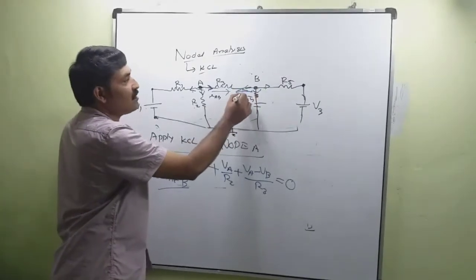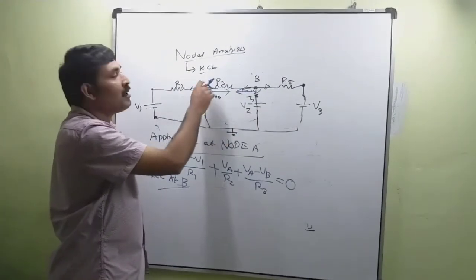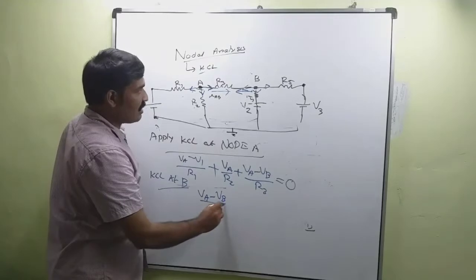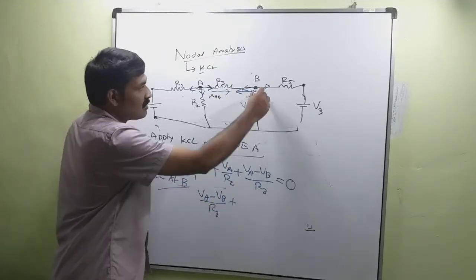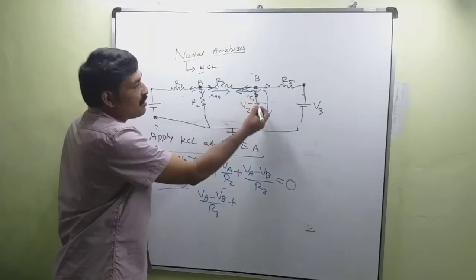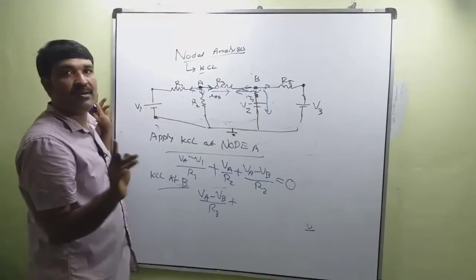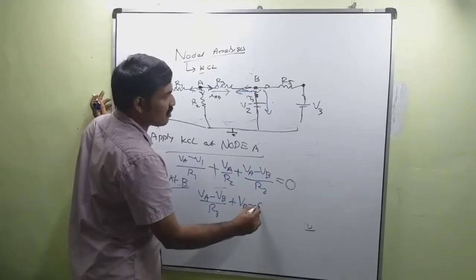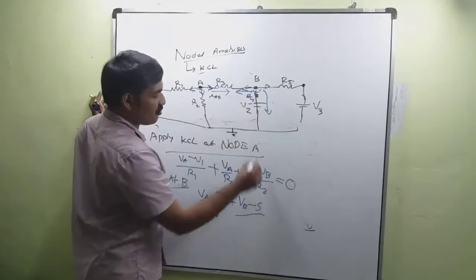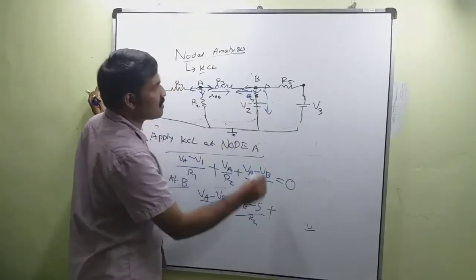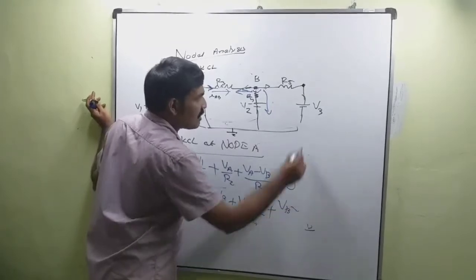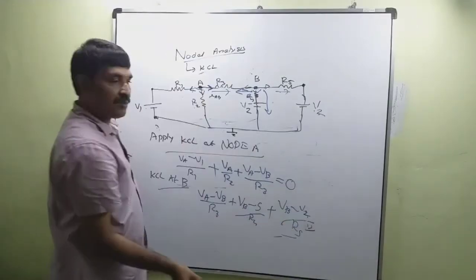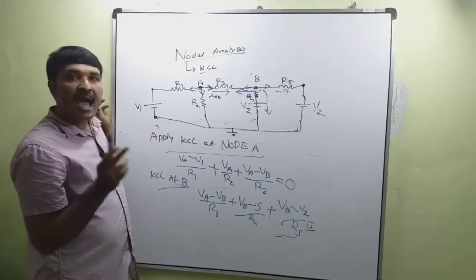So this current is (VB minus VA) divided by the resistance R3, plus the current going in this direction, where the battery source of 5 volts is connected, (VB minus 5) divided by R4, plus (VB minus V3) divided by R5. Okay, now we have two equations and two unknowns.